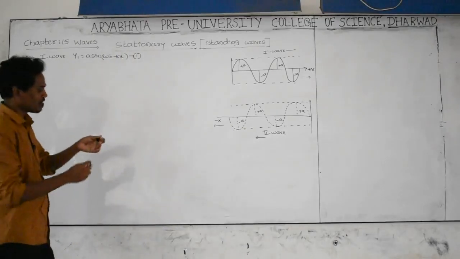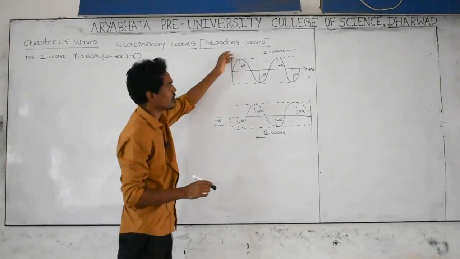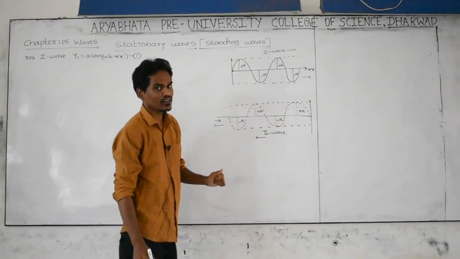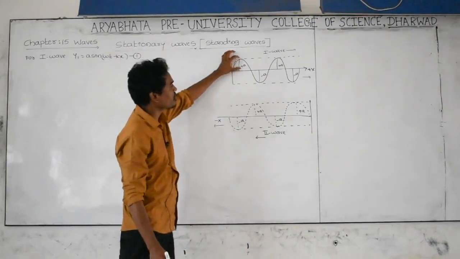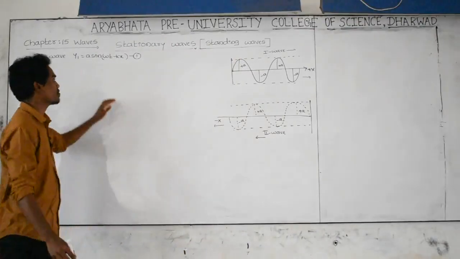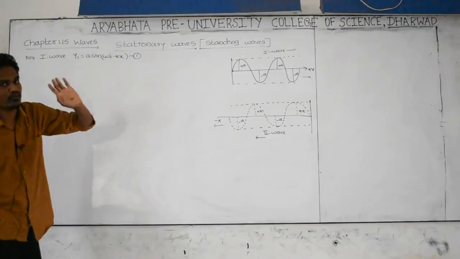What is y1? y1 is the displacement produced by the first wave moving in the positive x direction, which we need to find using this equation. This is the wave equation for the first traveling wave.